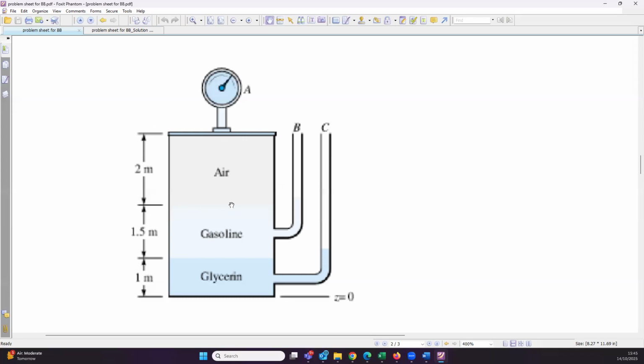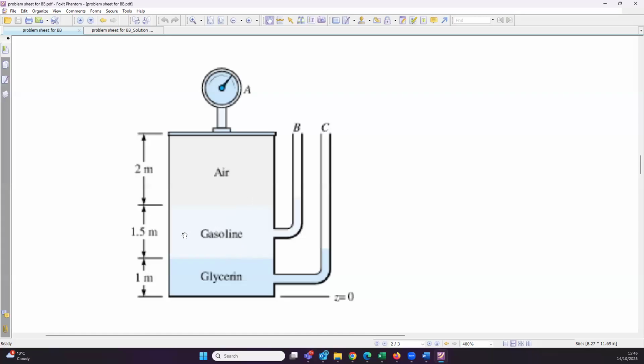And similarly, based on the same logic of rho g h, we can calculate the pressure at this point, that is the surface of glycerin. So it will be the pressure due to the air, which we know is 1.5, and then the pressure due to the weight of this height of gasoline.